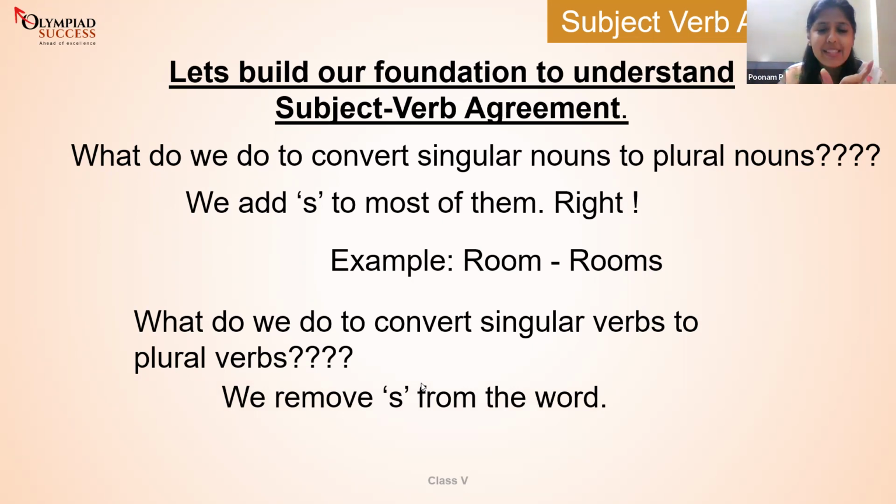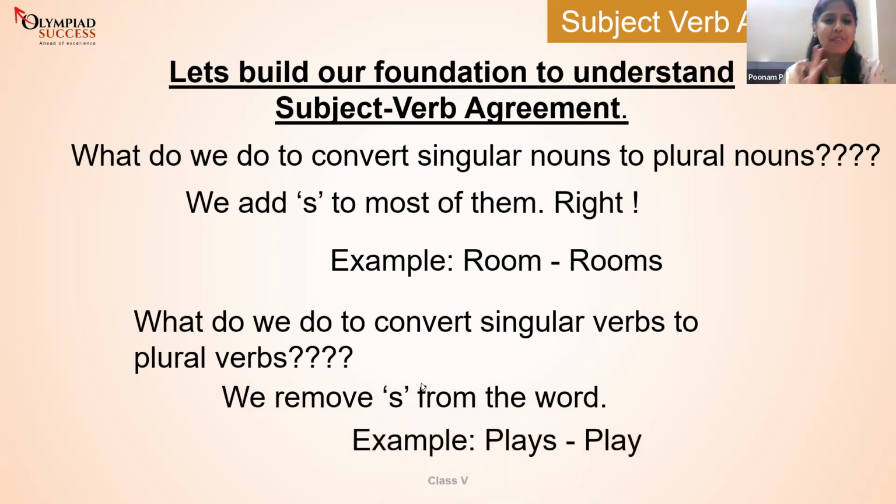But when I say talks, it has S, and with S it is singular. So every time you get confused, go back to nouns and then come to verbs, which is completely the reverse. Example, plays, play. Got it? Your play without S is plural. Rooms with S is plural. Got it, children? Every time I ask you, give me a thumbs up so that I know I can go forward.